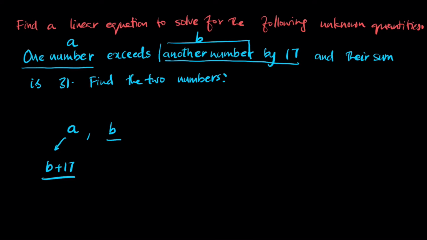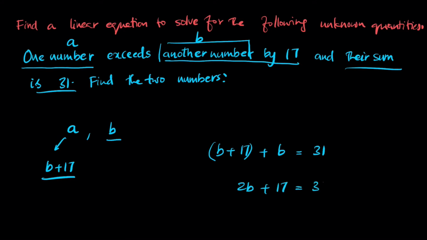And they are saying that the sum is 31. So b plus 17 is one number and the other number is b. So that value is 31. If you solve it, you get 2b plus 17 is 31. 2b is 31 minus 17. If you calculate 31 minus 17, you get 14.